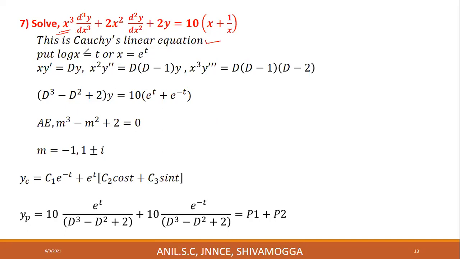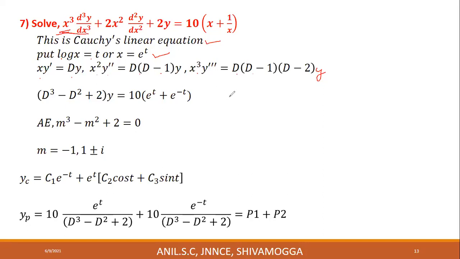We take the same substitutions. Put log x is equal to t or x is equal to e power t. This implies x into y dash is Dy, x square into y double dash is D into (D minus 1) y, x cube into y triple dash is D into (D minus 1) into (D minus 2) y. Substitute.